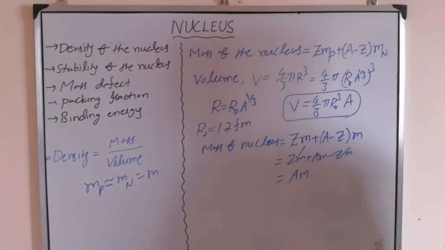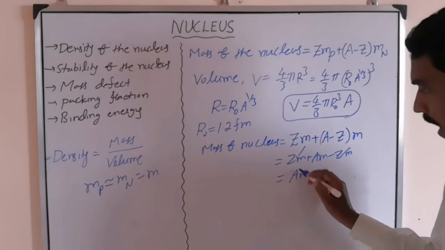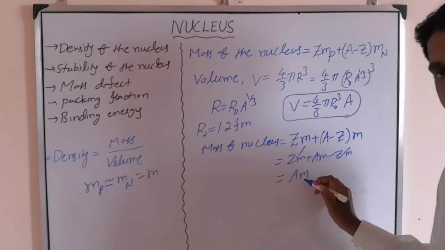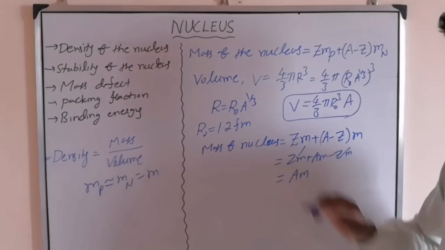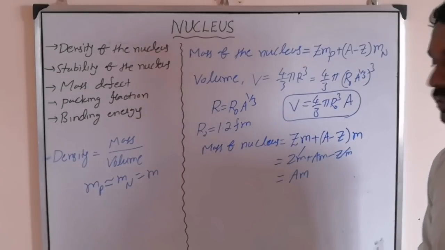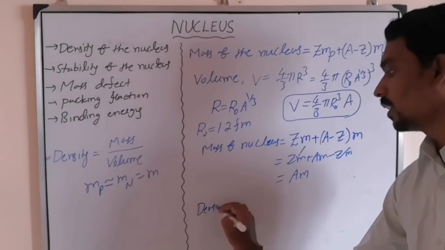Now the mass of the nucleus is equal to the mass number times the mass of a proton or neutron. Approximately, don't forget.